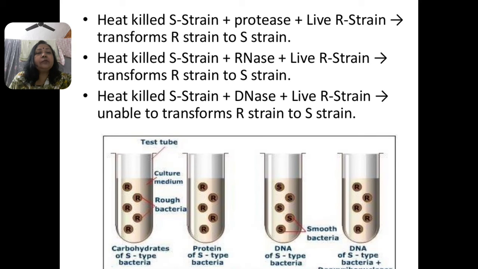They found that it transformed R strain to the S strain. And in the third step, heat killed S strain is treated with the DNase enzyme and introduced into the live R strain, but it was unable to transform the R strain to the S strain.